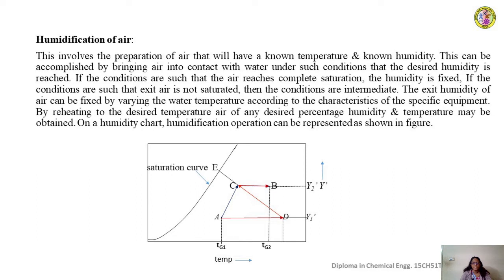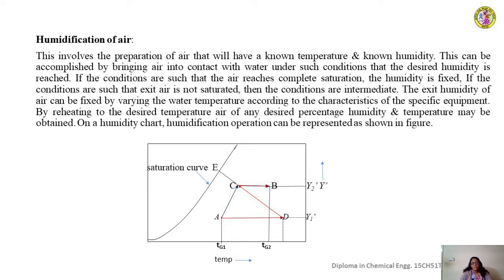You need to heat the initial mixture to a temperature represented by point D, and from that point if you cool it adiabatically, that is, if you contact it with water at adiabatic saturation temperature in an adiabatic cooling operation, then the mixture reaches the desired humidity at point C.